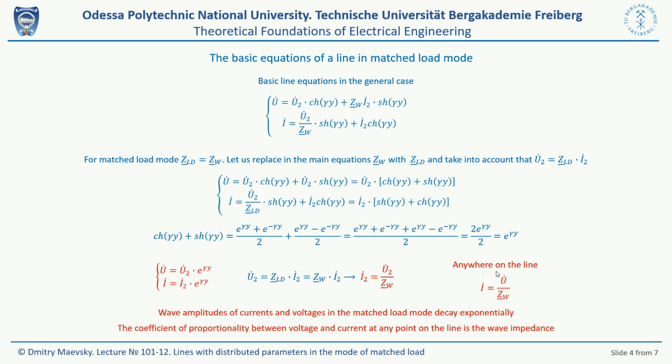The wave impedance, as we have determined earlier, is the proportionality coefficient between the complex voltage and complex current for the direct and for the reverse waves. And since in our case there is no reverse wave, the wave impedance is the proportionality coefficient between the total voltage and total current at any point along the line.